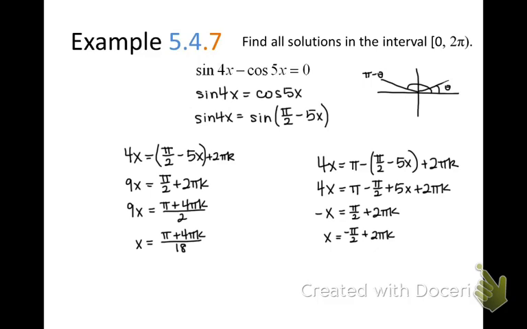All right, let's get it all together in one fraction. x equals (−π + 4πk)/2. So now what I have to do is look at each of these and see which k values are going to give me values in this interval. Notice I'm going from 0 to 2π. So think about that.